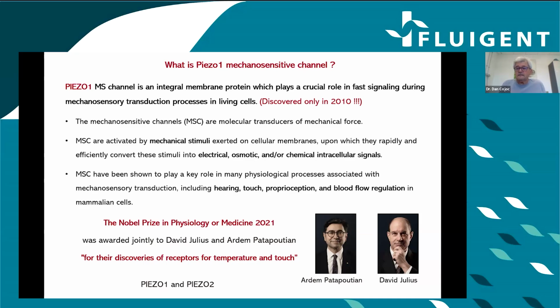So these are senses. Touch is a very old sense that we always had, but the receptor, the molecule responsible for it, was discovered just 15 years ago.